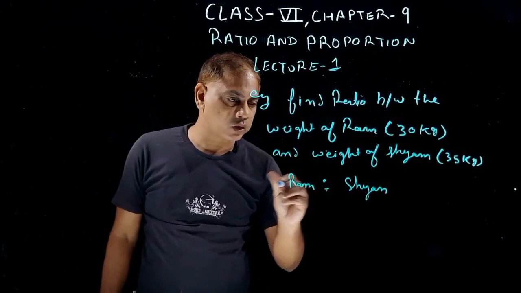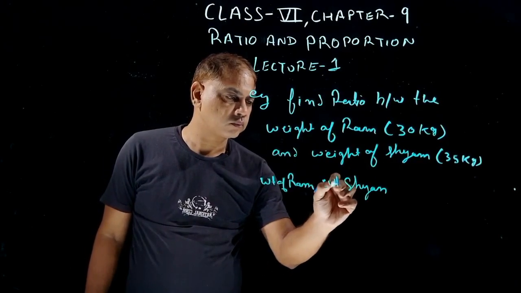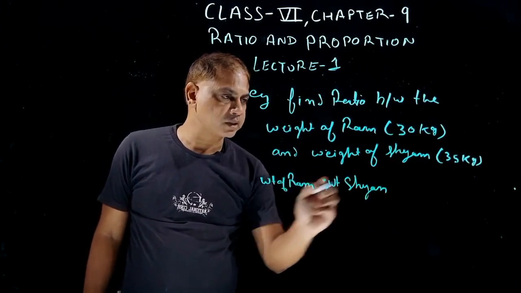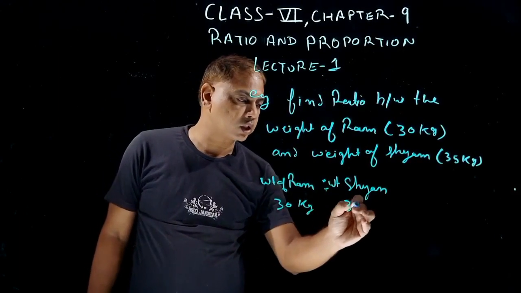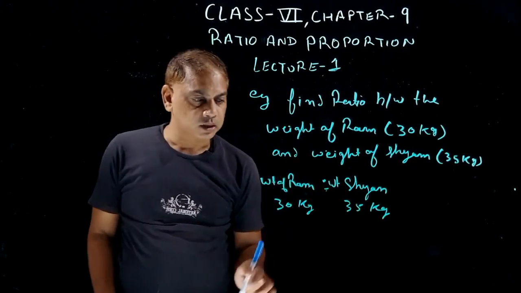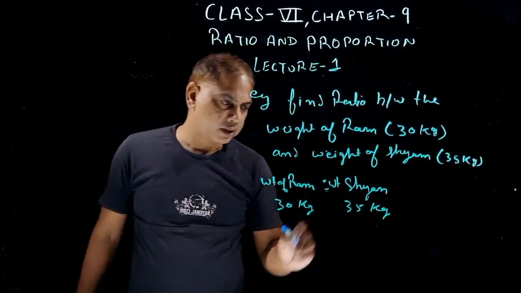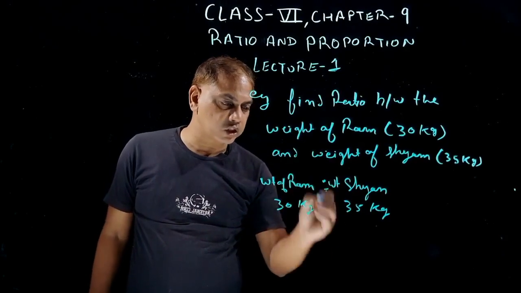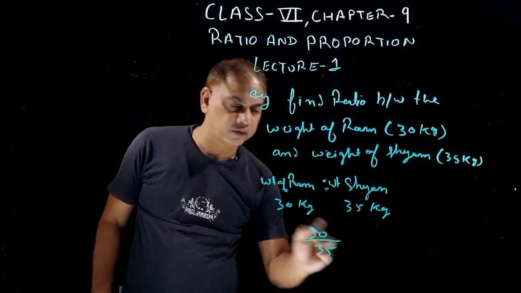Now what is the weight of Ram? Weight of Ram is, students, 30 kg and that of Shyam is 35 kg, right? Now these both are the same quantity, kg and kg. So okay, now how will we write them as a ratio? Ratio means division. So ratio will be 30 upon 35.